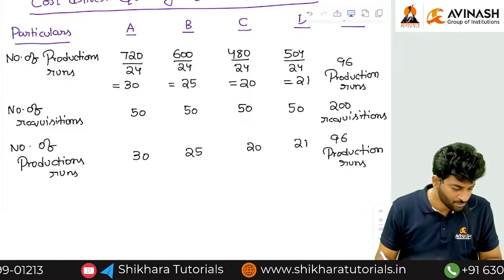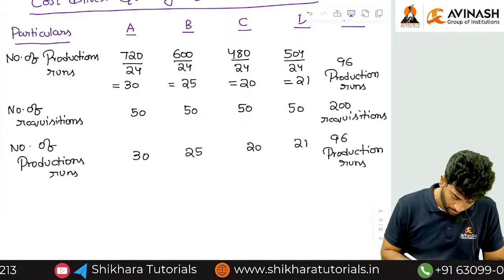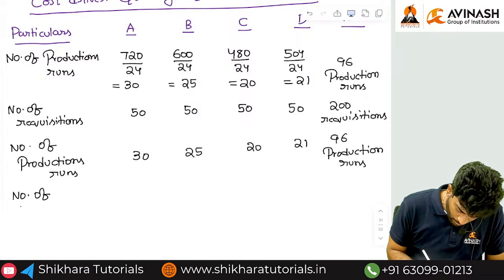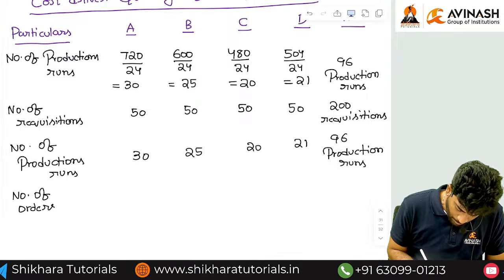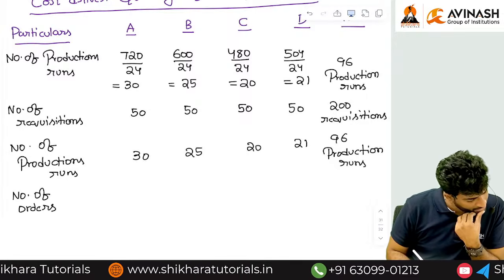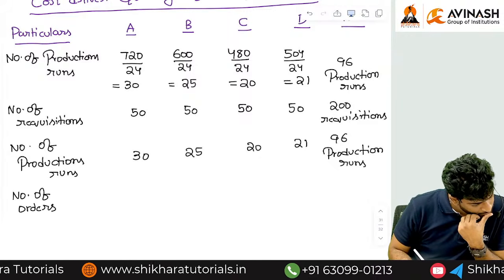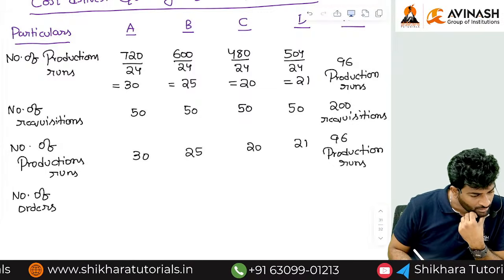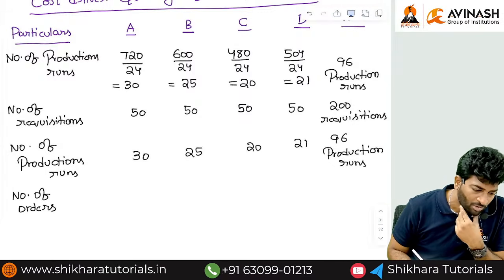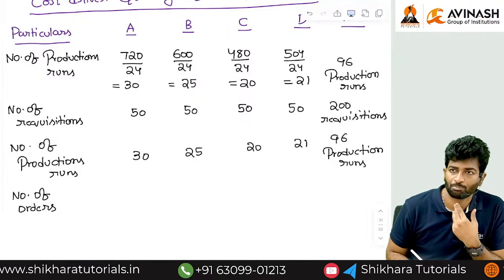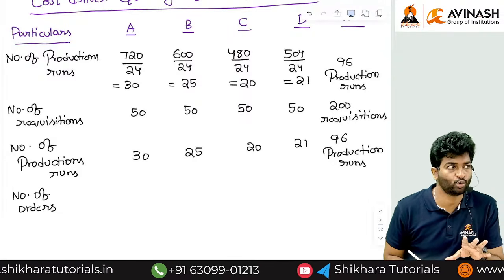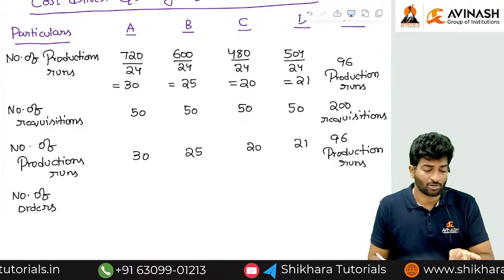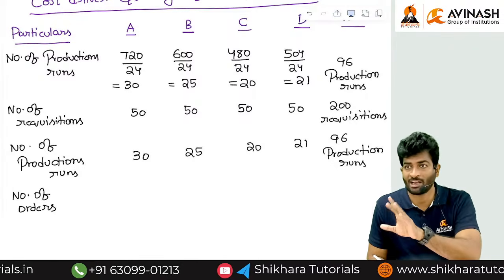After production runs, next one, number of orders. What is given for orders? The number of orders executed is 192. By the way, they gave you 192 total, right? For calculating ABC rate, the total cost divided by 192 will help you in calculating ABC rate.